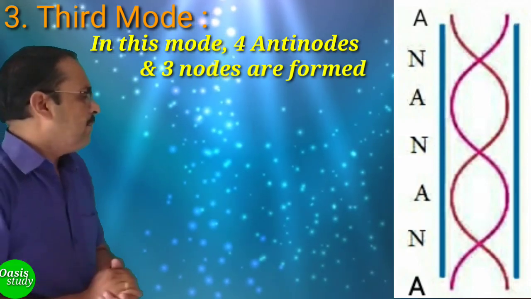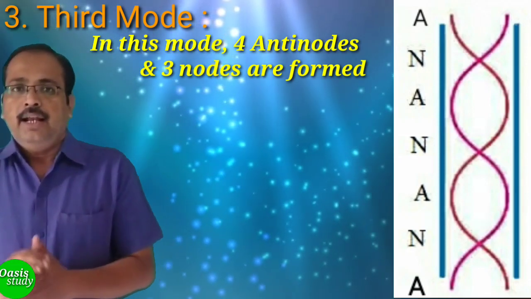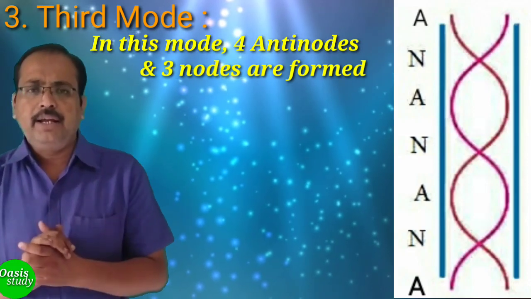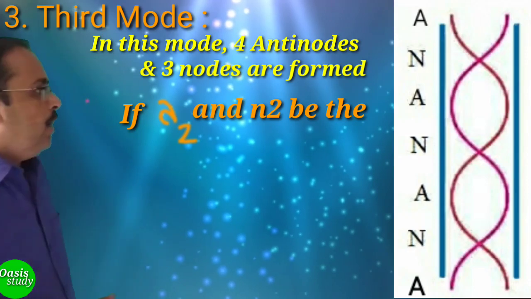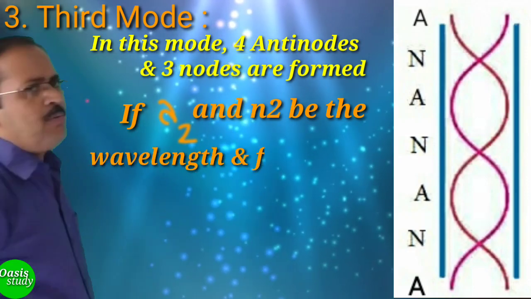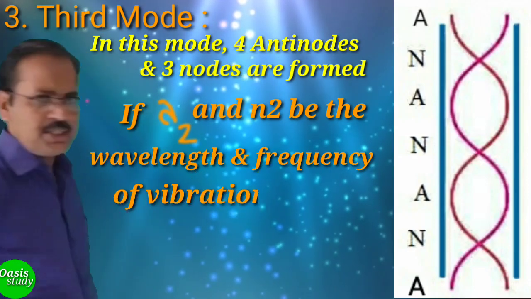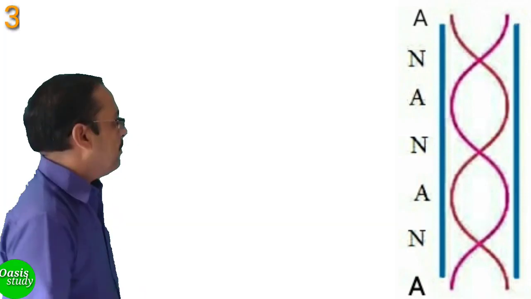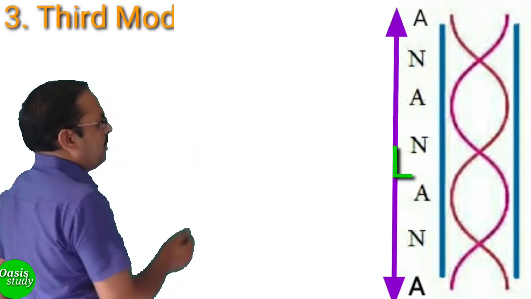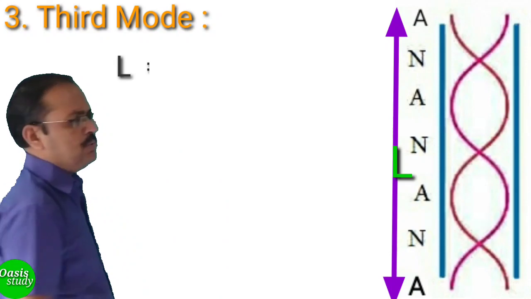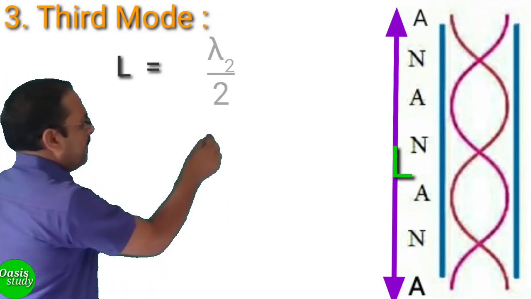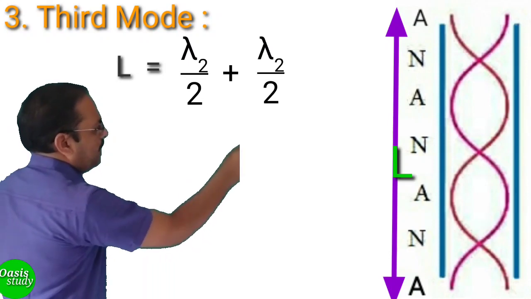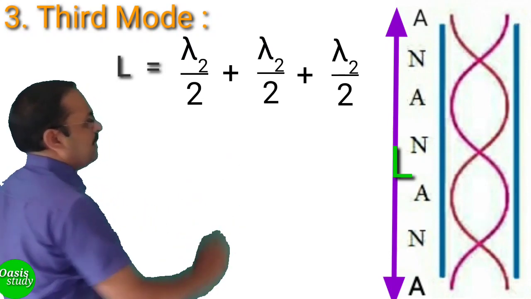And therefore, let lambda 2 and n2 be the wavelength and frequency of vibration in this mode. From the diagram, the length of the air column capital L is equal to lambda 2 by 2 plus lambda 2 by 2 plus lambda 2 by 2.